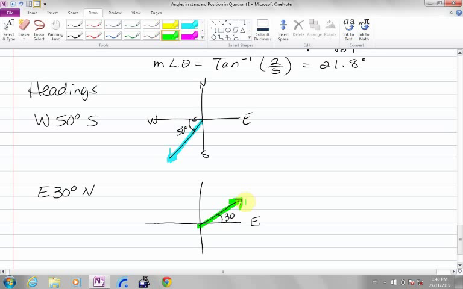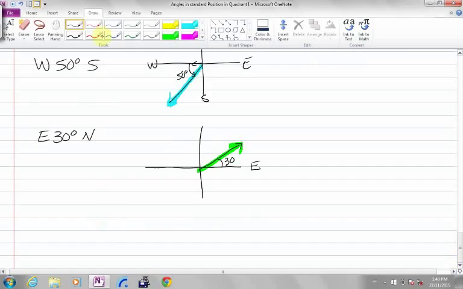Okay? So there's some questions. We don't have a lot of time left. I want you to get started on this so you can do a few questions. There's a few problems where you have to work backwards from R and theta to find x and y. But I'm confident you guys will be able to do that. So give it a shot, and then we'll talk about this some more on Monday.